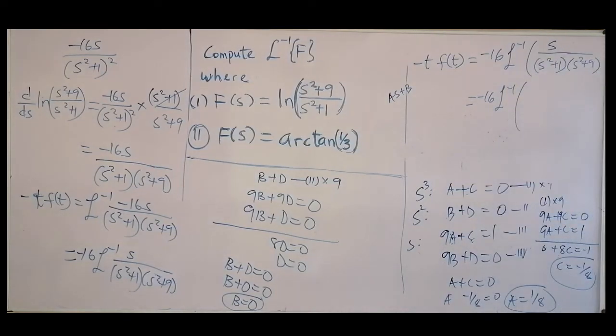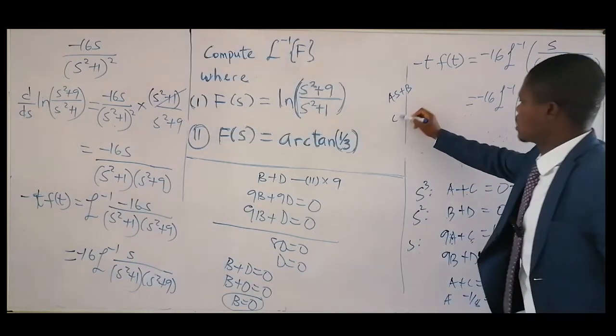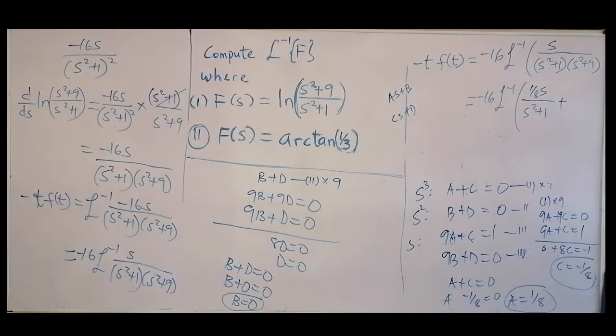A is 1/8, plus x, and b is 0, all over s² + 1. Then plus cx + d, where c is minus 1/8 and d is 0, all over s² + 9.